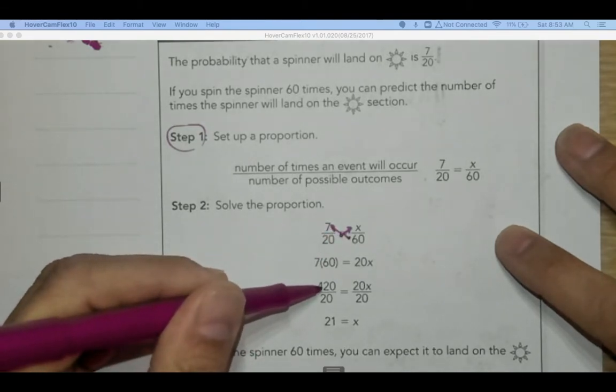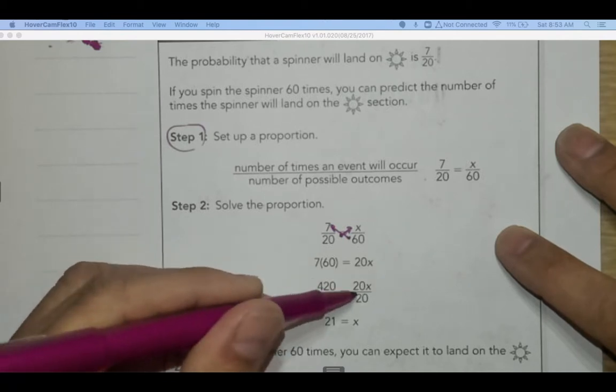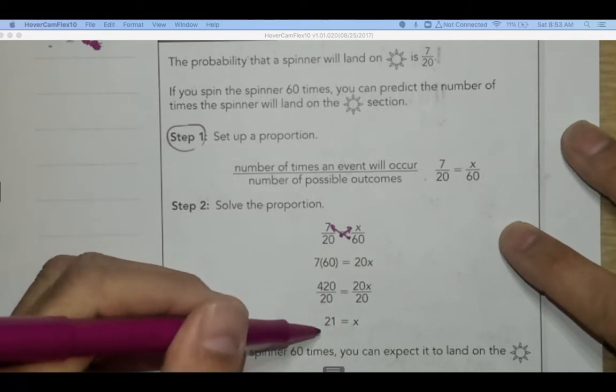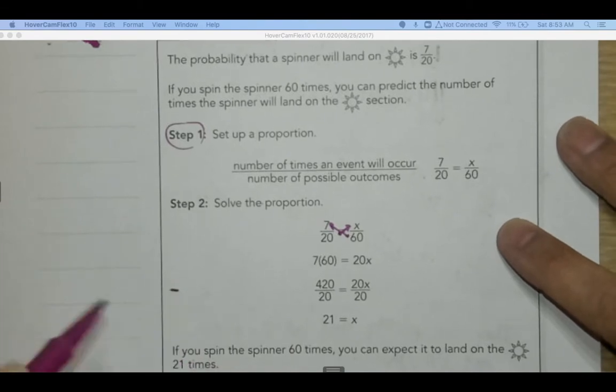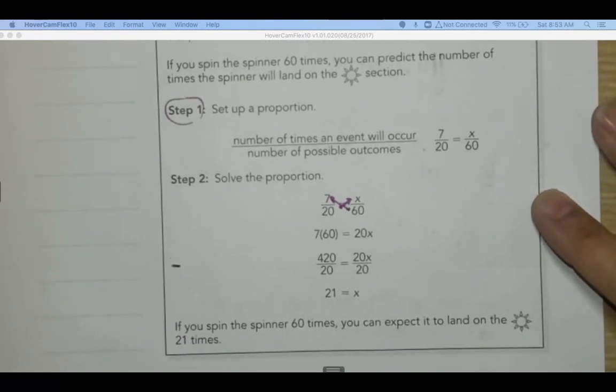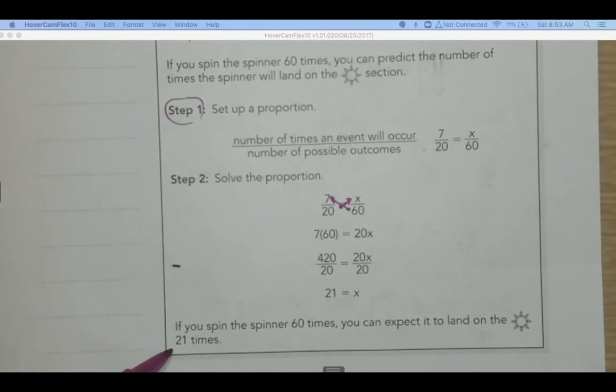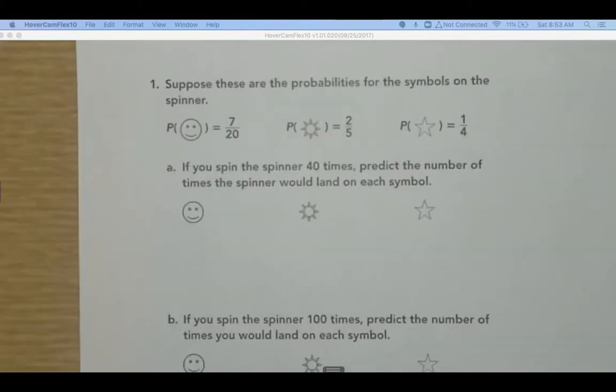And then we have 420 equals 20 times x. We divide both sides by 20, and then x equals 21. And so, in this situation, if you spin the spinner 60 times, you can expect it to land on the sun 21 times. And so we can use proportions to make predictions with probabilities.